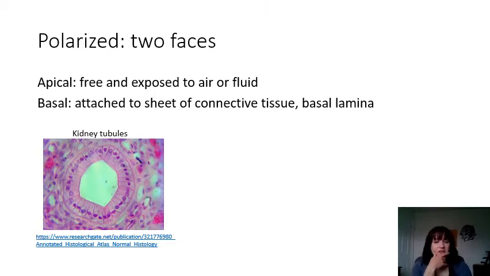Here we have an example of epithelial tissue in which we can see the apical and basal side. This is a tube in the kidney. And here is the interior of the tube, all right? So water and other solutes or molecules are flowing through this tube.